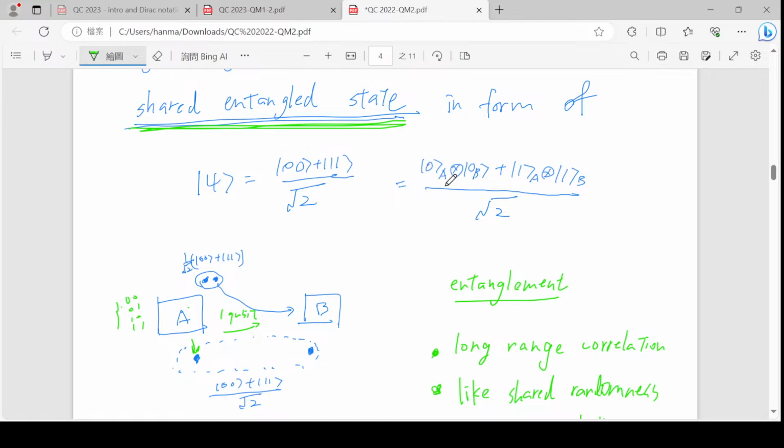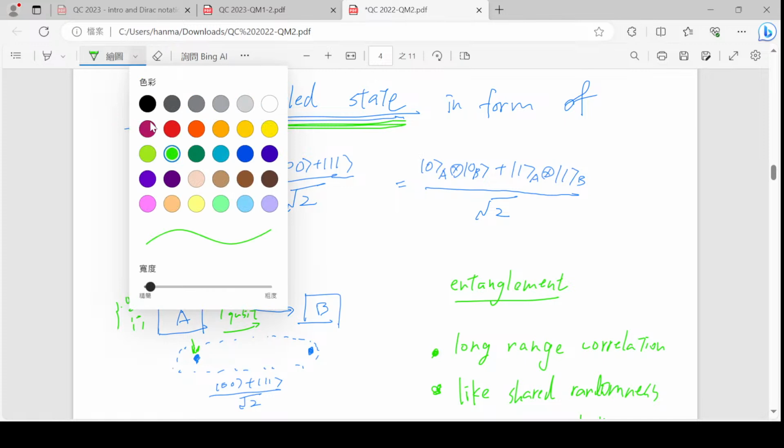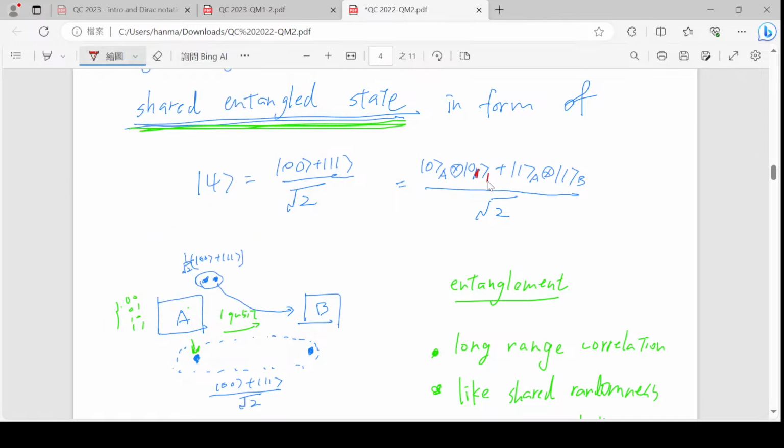This is |00>, the first register 0 is on Alice's side, and the second register 0 is on Bob's side. Oh, I'm writing this wrong. This B should be outside. And this |11> is also the first register 1 on Alice's side, and the second register 1 on Bob's side.